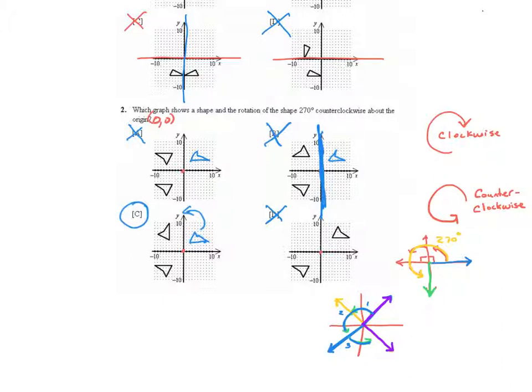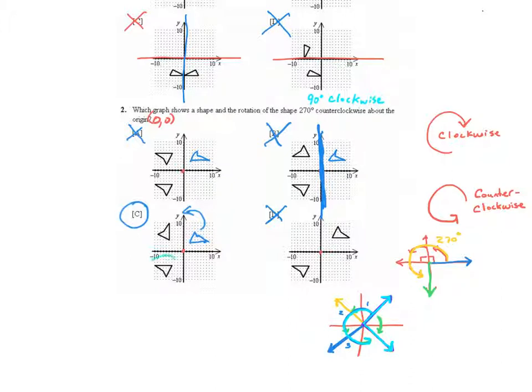Another way to look at this is that a 270 degree counterclockwise rotation is the same thing as a 90 degree clockwise rotation. I can show you that by looking at this figure down here. If I take this original arrow right here that I rotated 270 degrees counterclockwise, if I were to instead turn that arrow this direction, 90 degrees clockwise, I would end up with exactly the same finished product.